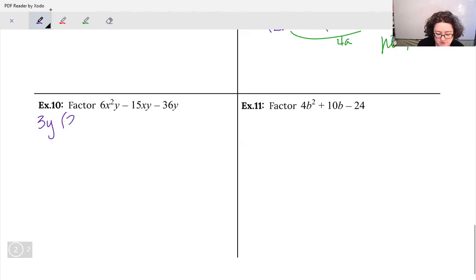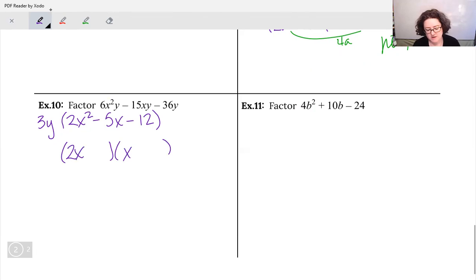We are then left with 2x squared minus 5x minus 12. Much easier expression to factor out. We even have a nice prime number out in front. So let's start guessing and checking. I'm going to start with 2x and x.